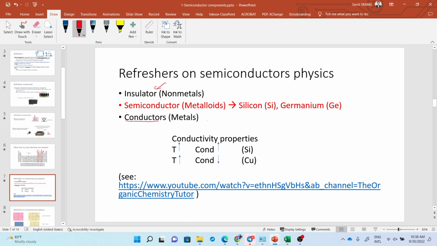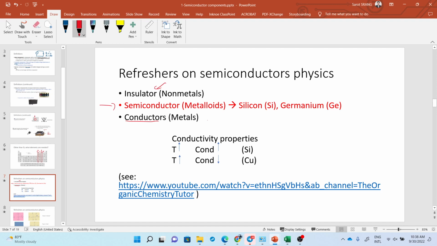And there is also the material that is in between. If you modify it, or make it a little synthetic and operate it in a certain condition, it can conduct electricity.